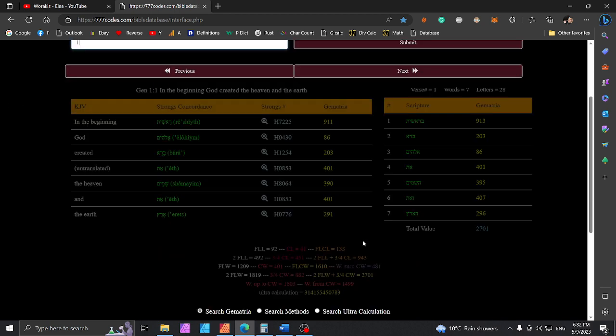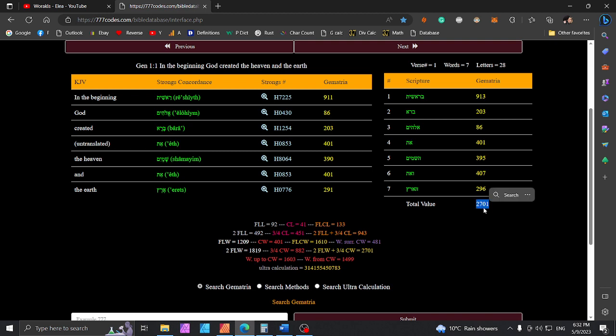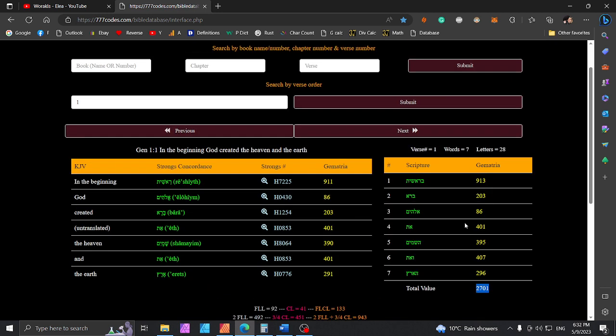And 2701 is still the total value of the first verse, Genesis 1:1. And notice that the center word, the great Aleph Tav, is the center word of this verse, and its order is 4. So it's the fourth word of this verse.